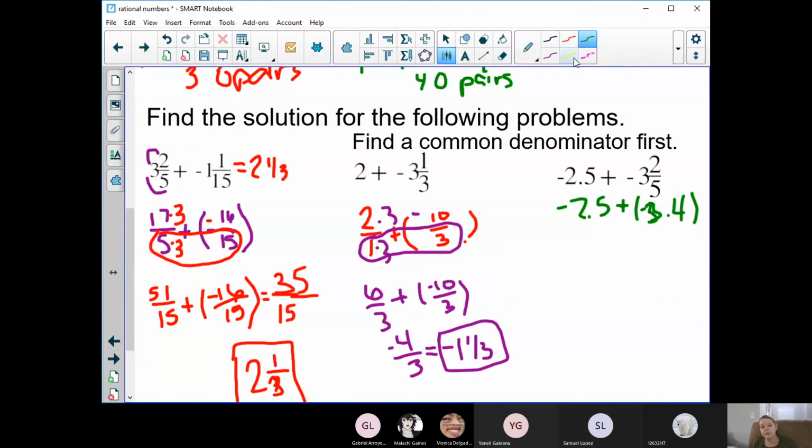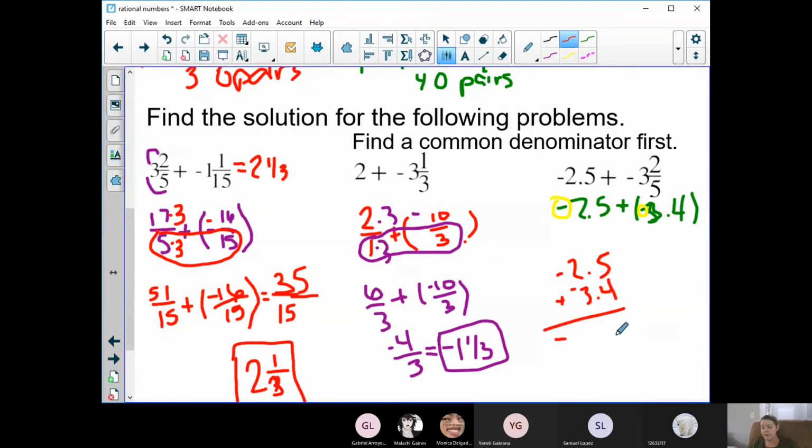All right, so one thing I want you to notice is that both of these numbers are negatives. Since they're both negative, I automatically know my answer is going to be negative. So I don't need to worry about which one's bigger or smaller. So I'm just going to add my numbers together. 2.5 and 3.4.